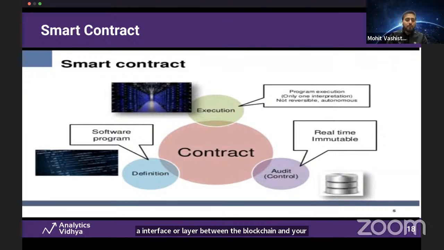So you have to write a piece of code which will interact with the blockchain on the other side, and on the different side it will interact with your application through Web3 or through ethers, or through other libraries which exist. And the execution is actually non-reversible, as I said, you cannot change the data in the blockchain. So you'll have to make a transaction based on some validation, so your transaction might fail as well, because it is not following the rules which are written in your smart contract.